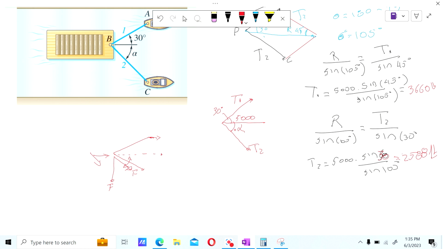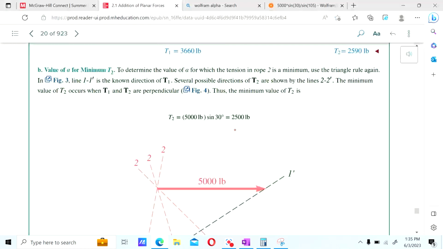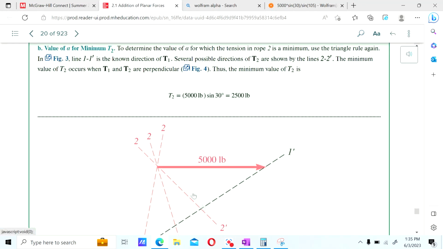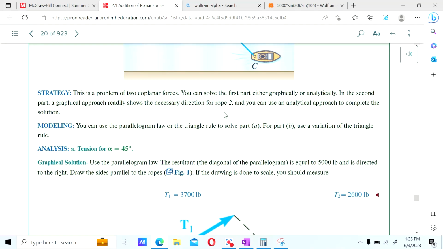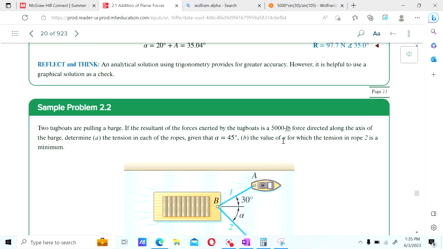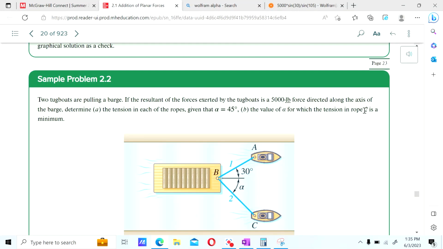If it's 90, probably not. We have to find the minimum value of alpha that will help find the minimum force. So part B is actually the value of alpha which minimizes rope 2. Oh, my bad.